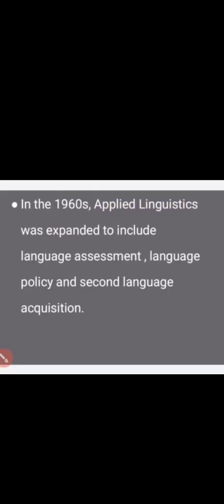In the 1960s, applied linguistics was expanded to include language assessment, language policy, and second language acquisition.